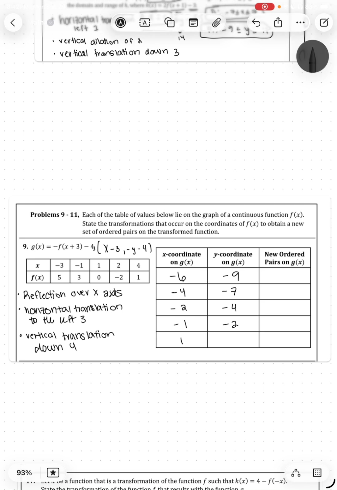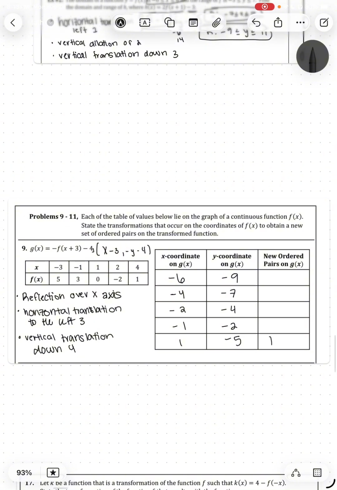And then 1 times -1 minus 4 gives us -5. So our new ordered pairs are (1, -5), (-1, -2), (-2, -4), (-4, -7), and (-6, -9).